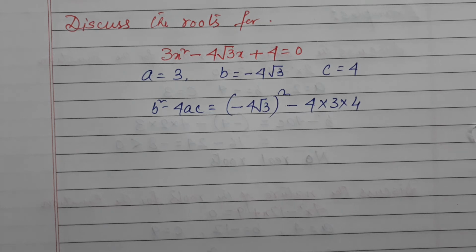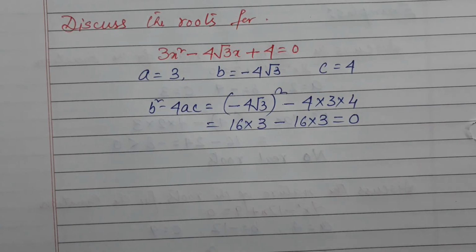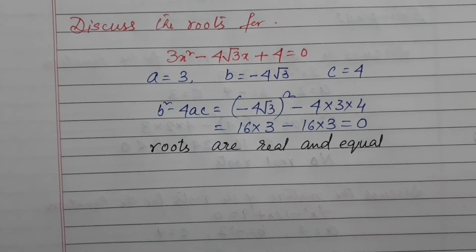Hence the value will become 16 into 3 minus 16 into 3, which is equal to 0. Hence it is a perfect square number since 0 is a perfect square number. But since the coefficients are not rational, we will not write that the roots are rational. Here we will conclude that the roots are real and equal. We should not write here rational and equal because the coefficients are not all rational.